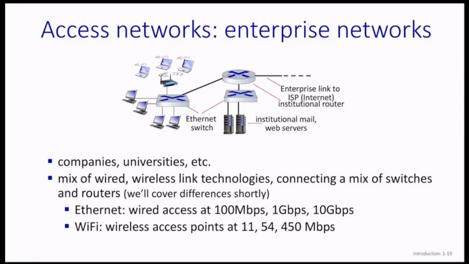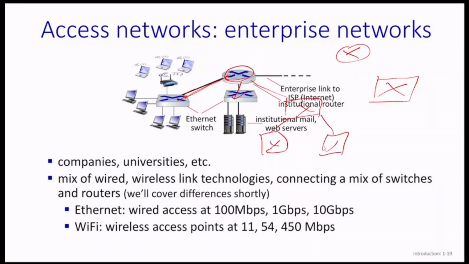First, there is our ECS institutional router, and this router connects to switches. A router is always drawn like this, and this is a switch, and it connects several switches. For example, this switch connects to other switches, and this switch may connect to another switch and to different computers.